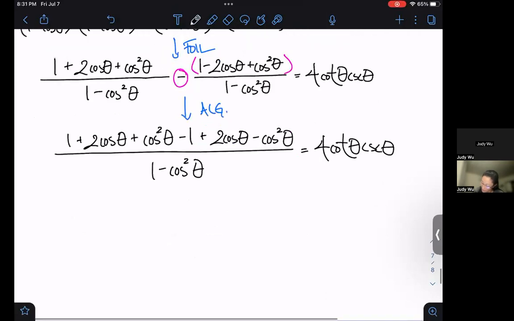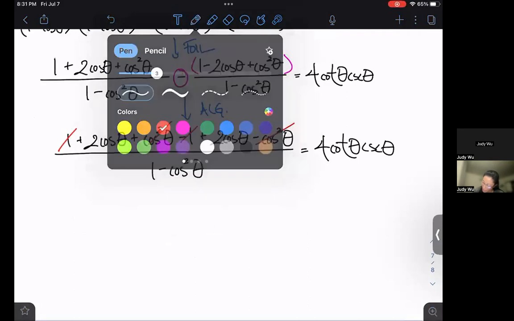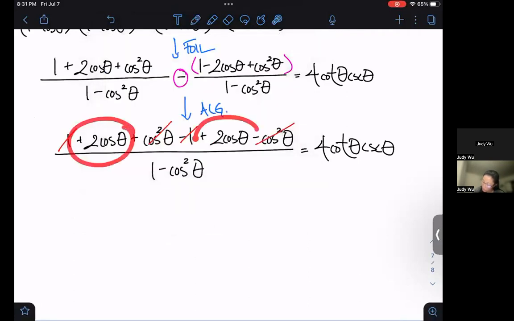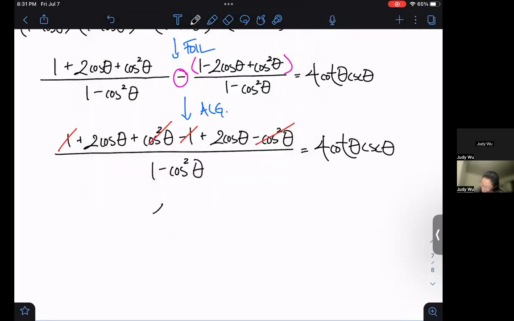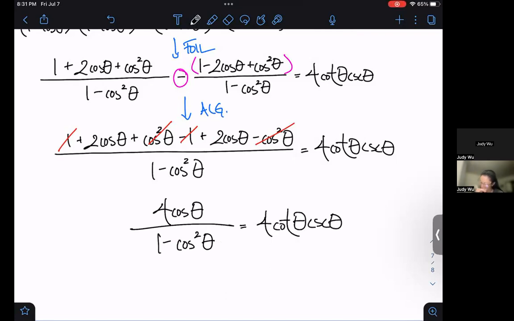Let's see if there's anything we can combine. 1 and 1, cosine squared and cosine squared, and then I have 2 cosine plus 2 cosine. And that, my friends, gives me 4 cosine theta over 1 minus cosine squared theta equals 4 cotangent theta cosecant theta.